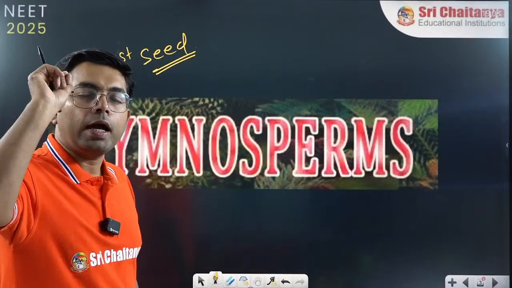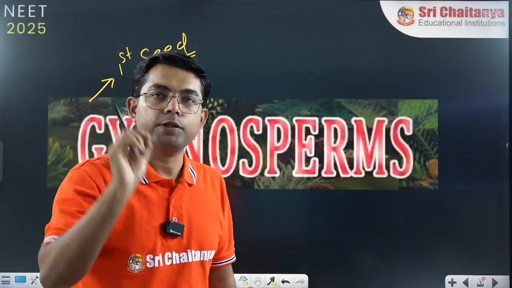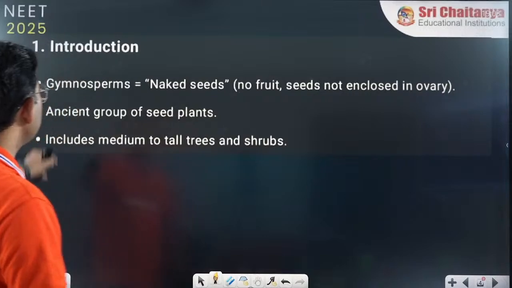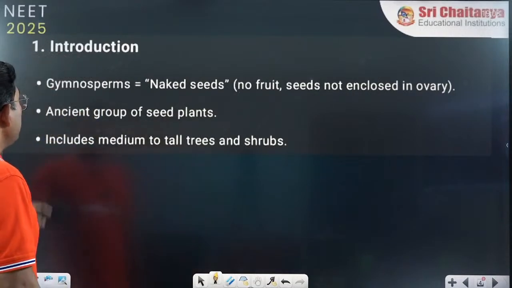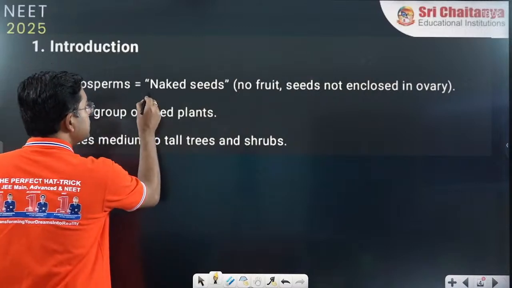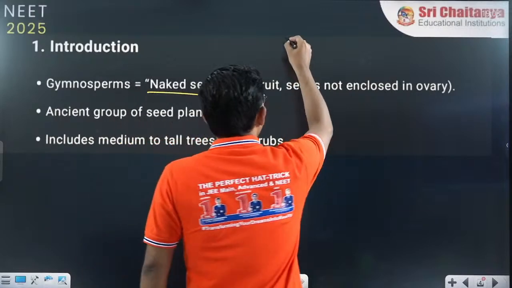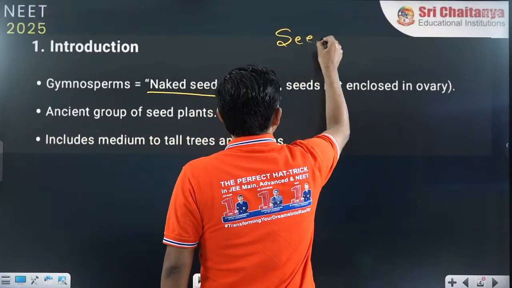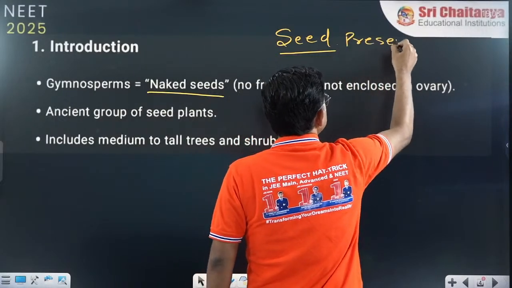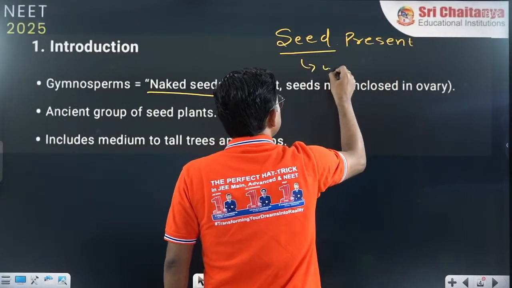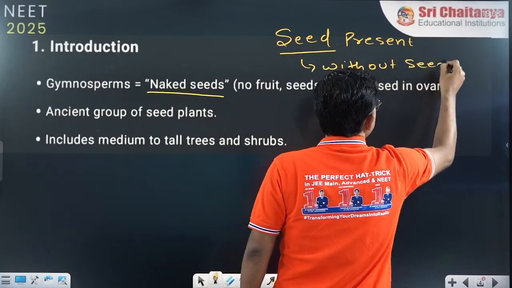And all of you pay 100% attention, because immediately I will start asking questions. Now, here is the simple characteristic. Gymnosperm means naked seed, which means they have seed present, but this seed is without seed coat.